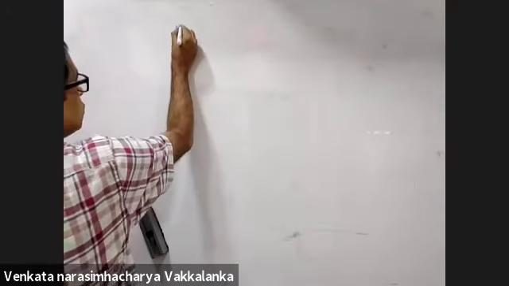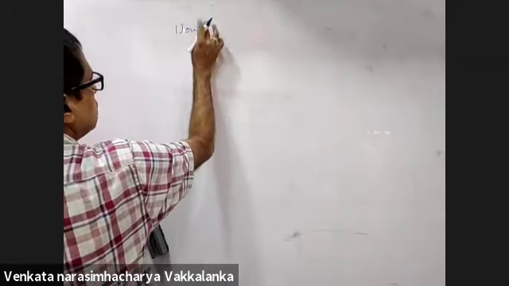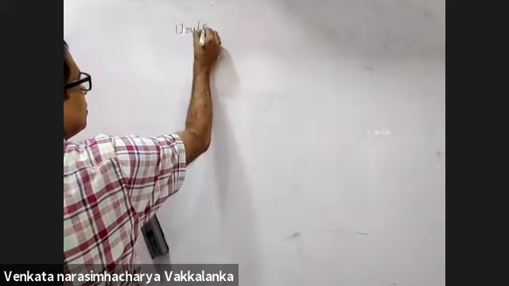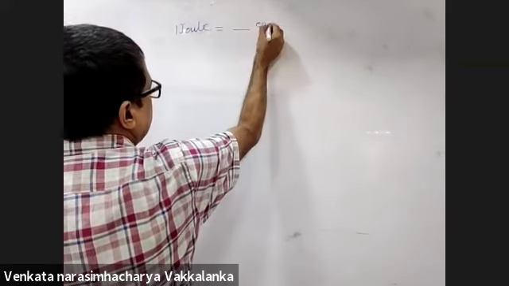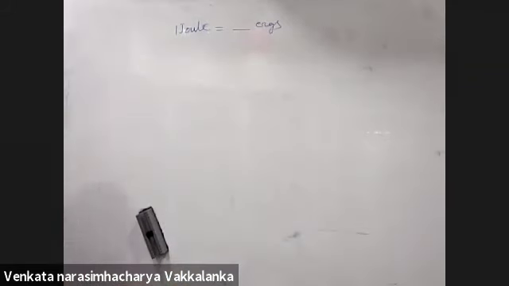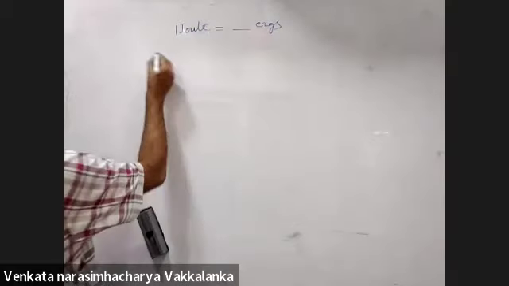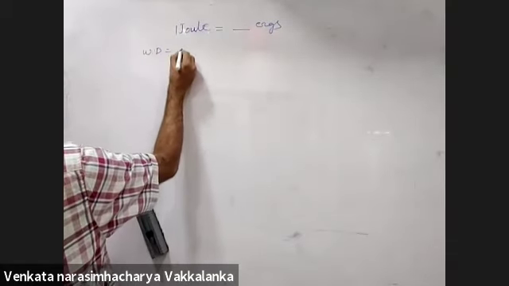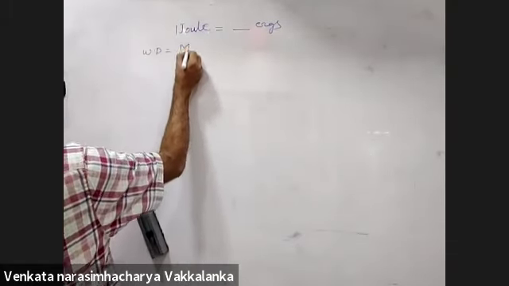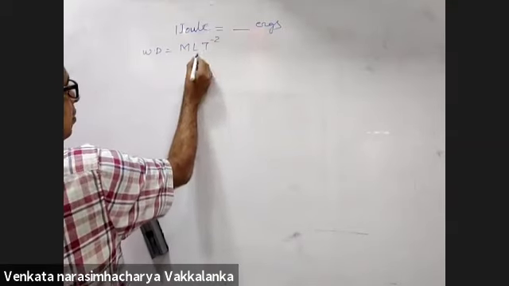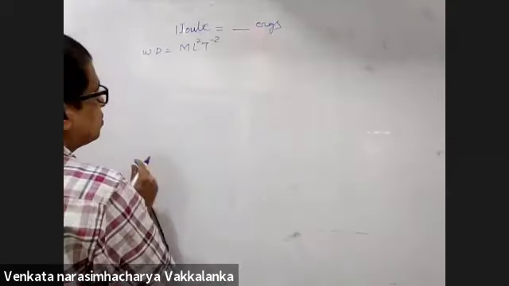Now convert 1 joule into erg. 1 joule into so many ergs. Will you try or should I? First of all, work done. Dimensional formula is M L T to the power minus 2 is force; this is this.